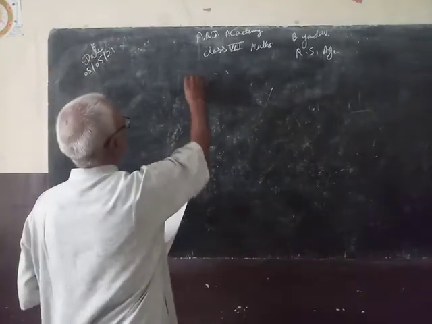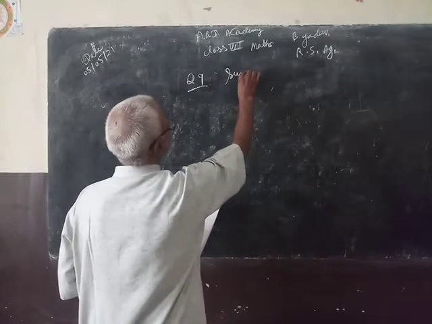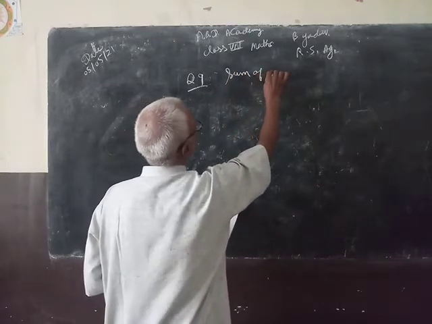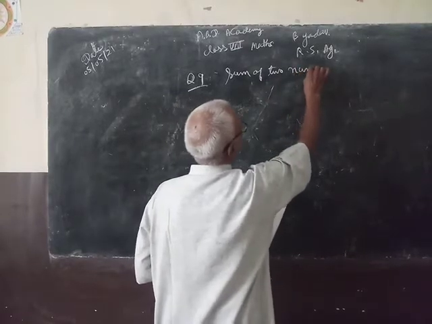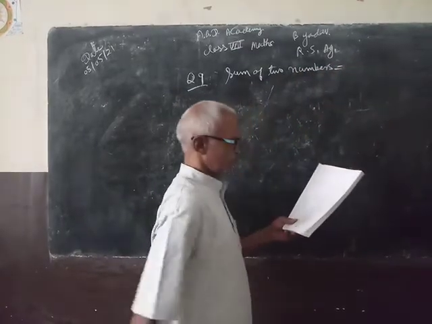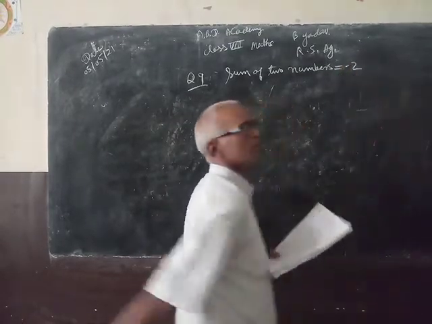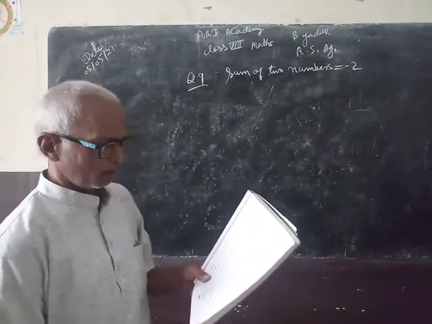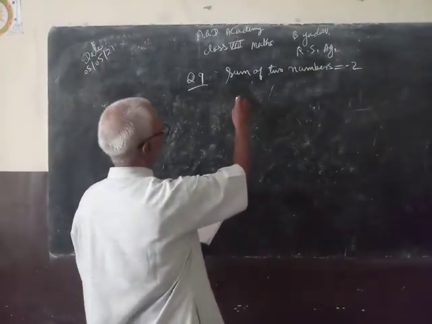Question number 9. Sum of two numbers is equal to minus 2. One of the numbers is minus 14 by 5.